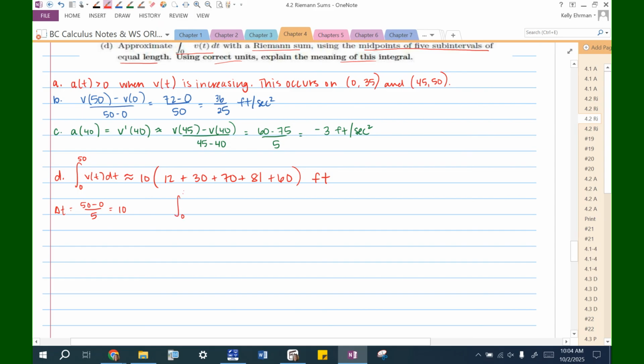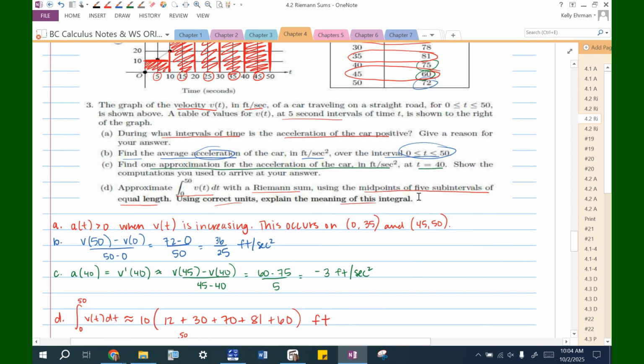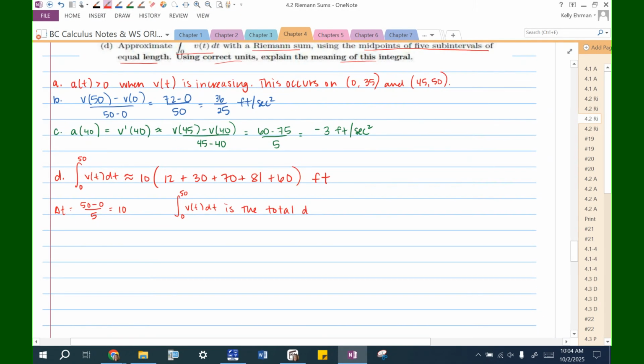So the integral from 0 to 50 of v of t dt is the total distance the car traveled, in feet, from 0 to 50 minutes.